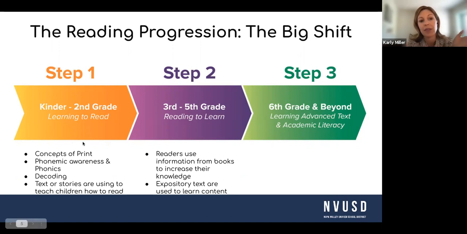So this first step that we're doing in the primary grades, which your children are in, I assume if you are here, is really beginning to look at the sounds, and how sounds are hooked to letters, and how letters become words, and how words become sentences, and then how sentences become paragraphs. So that's the progression through the reading process.